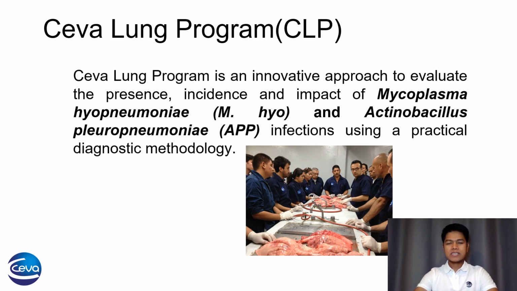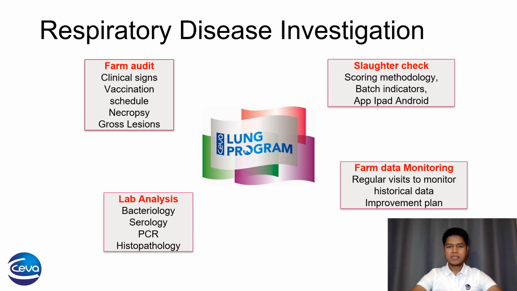So, what is Ceva Lung program? Ceva Lung program is an innovative approach to evaluate the presence, incidence, and impact of two major respiratory diseases, the Mycoplasma pneumoniae and the Actinobacillus pleuropneumoniae. In investigating respiratory diseases, there are four main parameters to be considered: farm data monitoring, farm audit, laboratory analysis, and slaughter check.